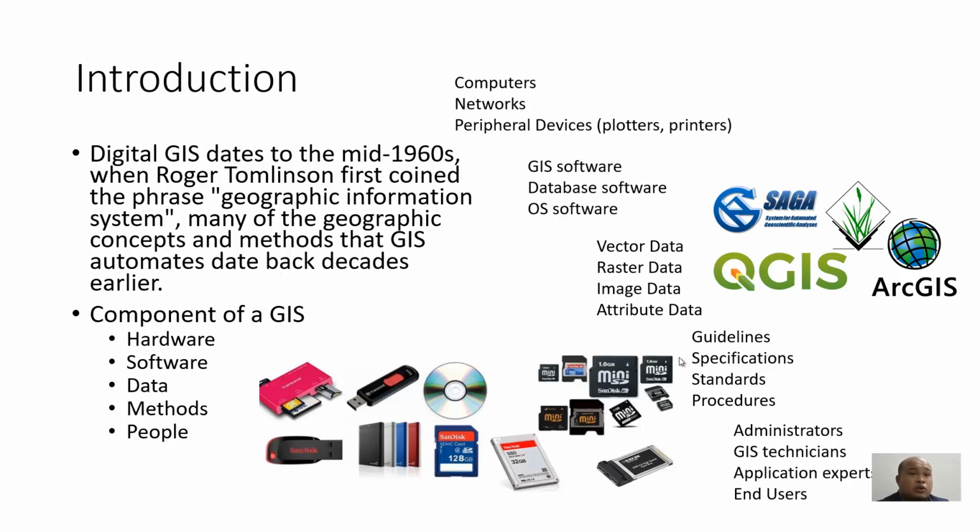Although we will have many image data, once you upload or insert it into the GIS software, it is called raster data. So this is an example of image data. Image data is for reference purposes.